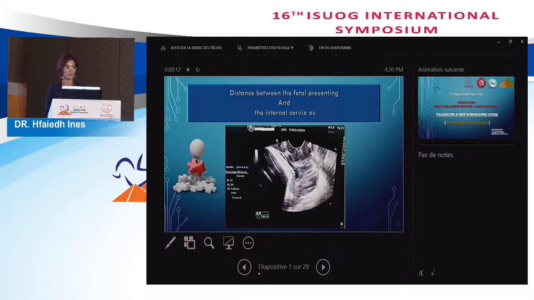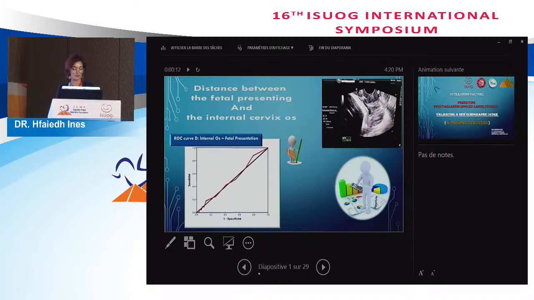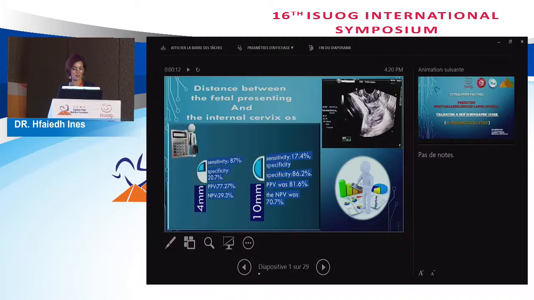The second item is the distance between the fetal presenting part and the internal cervical os, and we measured this item by the protractor at the nearest degree. So we have the ROC curve for this item, and the p-value was not significant. So we defined cutoffs of this item by the positive predictive value and negative predictive value, and we had our cutoffs.